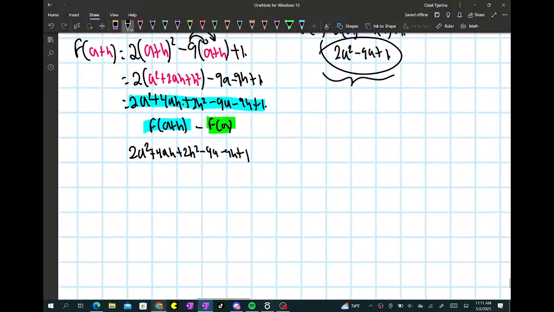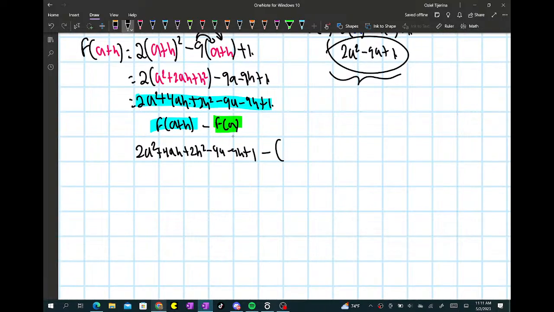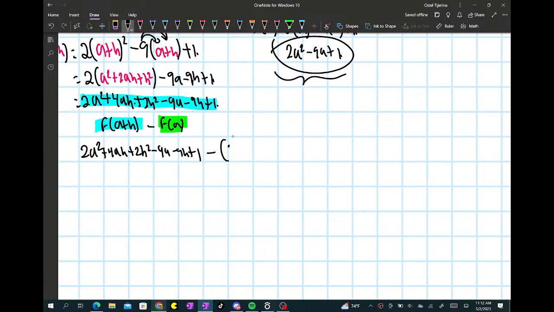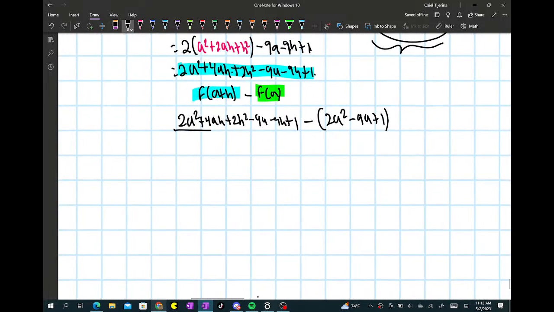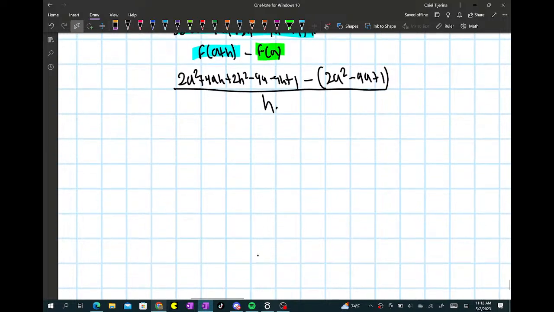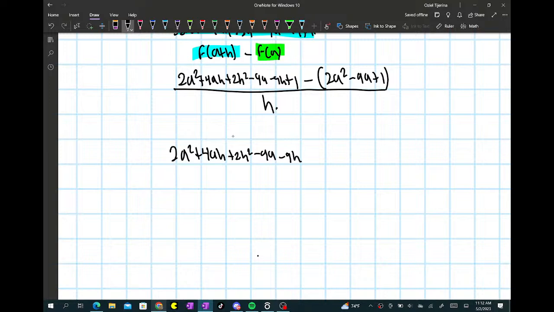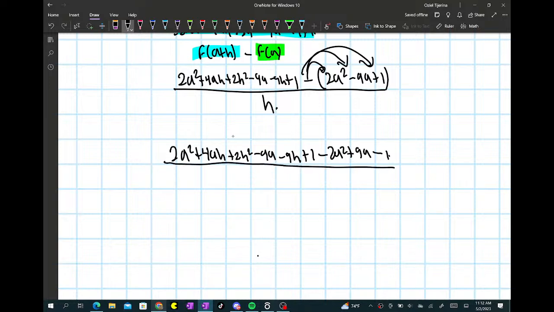Now minus the quantity, always put parentheses, 2a squared minus 9a plus 1 all over h. This is going to be 2a squared plus 4ah plus 2h squared minus 9a minus 9h plus 1 minus, distribute the negative, 2a squared plus 9a minus 1 all over h.